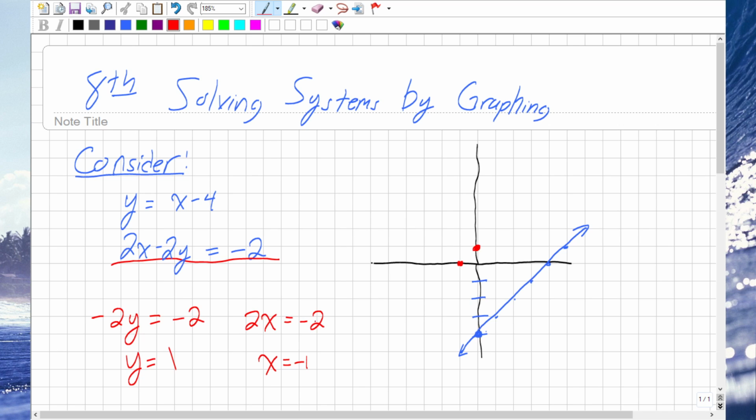Looking at these two graphs, what kind of a slope do we have? Are these ever going to intersect? The answer is no. These are parallel.